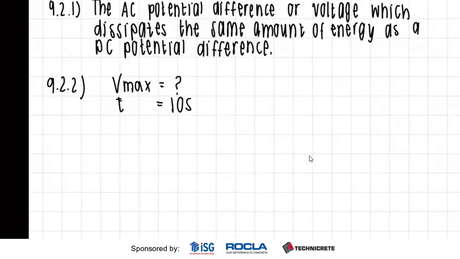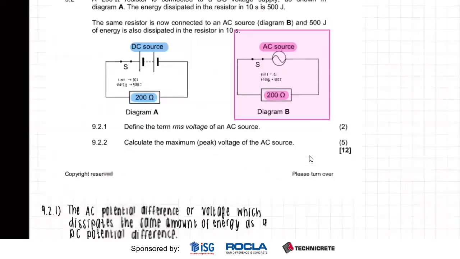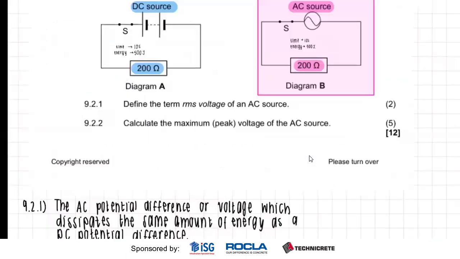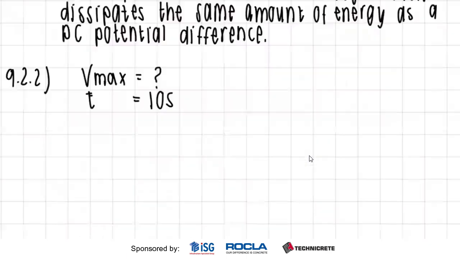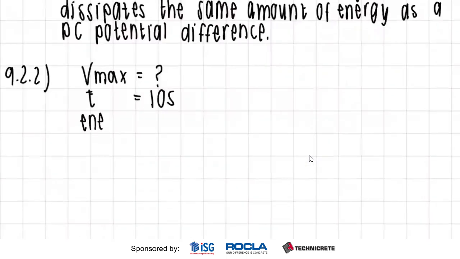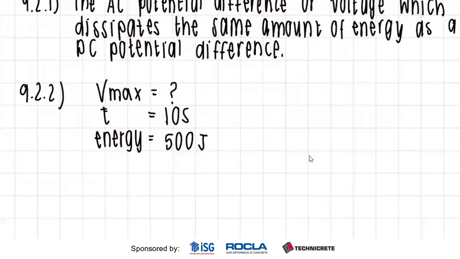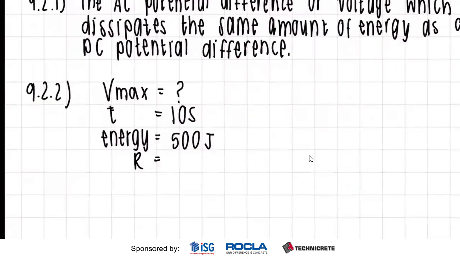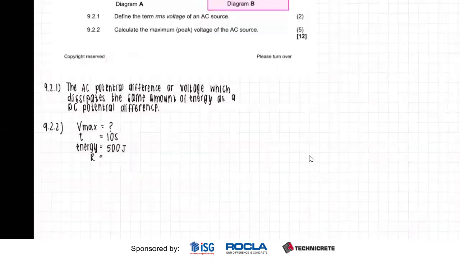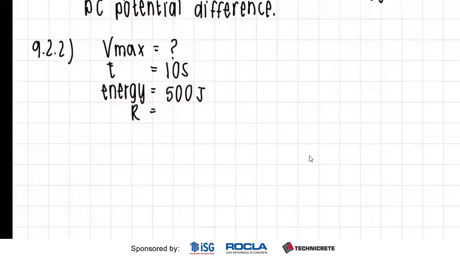We also have the energy that was dissipated. It's 500 joules. And we have the resistance of the resistor, which was given to us, which was 200 ohms.